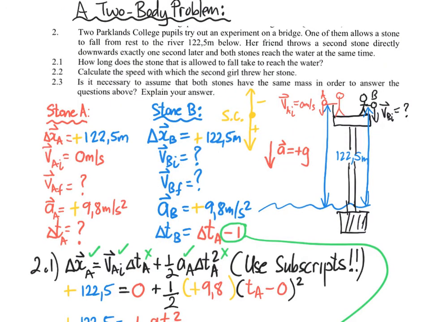So 2.2 asks us, calculate the speed with which the second girl threw her stone. So we're now going to look at the second stone, B, in the next slide.